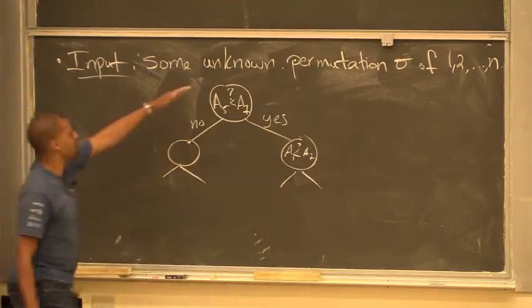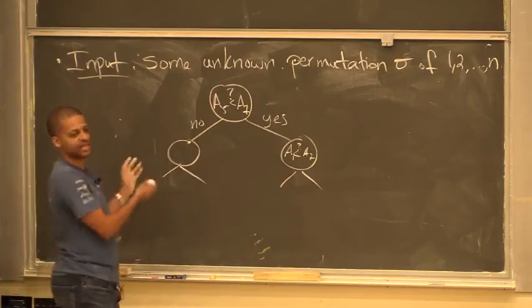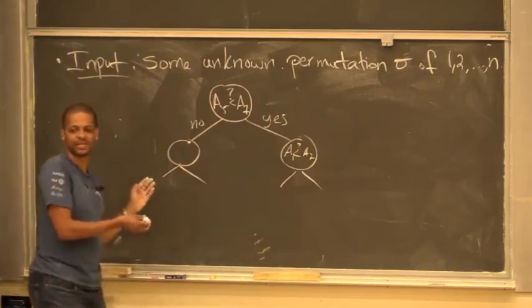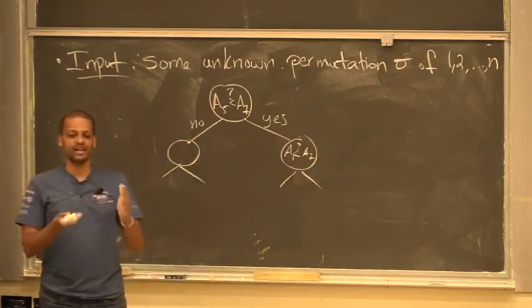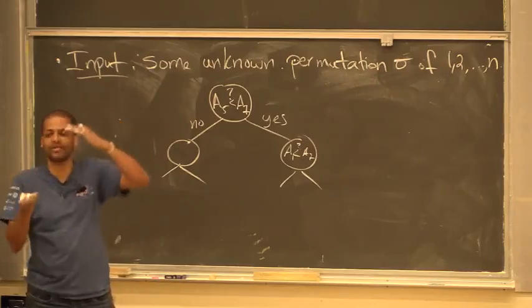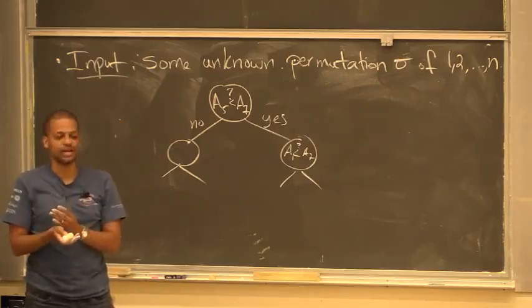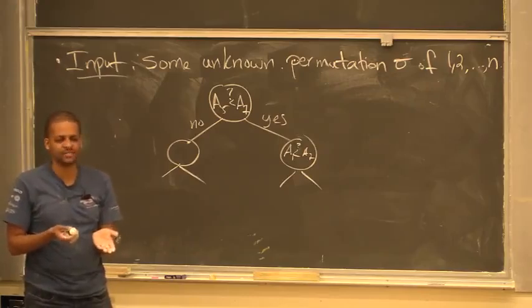Now, in some branches of this tree it might stop earlier than in others, because in some cases it can find the answer in 20 comparisons, but in some cases it does 50. I'm just going to assume that all the leaves are at the same depth. Namely, no matter what the input is, it always takes the same number of comparisons to get to the answer. I can assume that without loss of generality. Why?